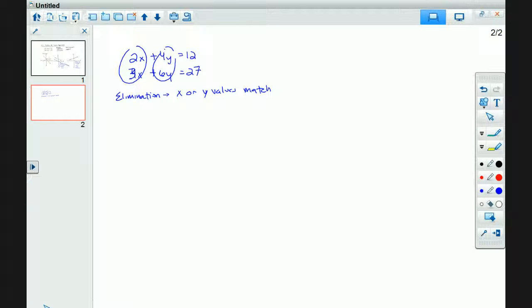So what can I multiply the top one by to get the bottom one? So I can multiply this one by -3 and this one by 2 if I want. I could just do 1.5 on the top one, save a little bit of work. It's up to you, doesn't really matter. Any numbers work. So I get -6x minus 12y, -36.